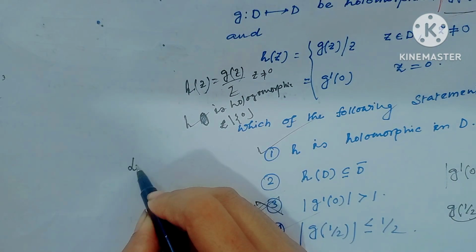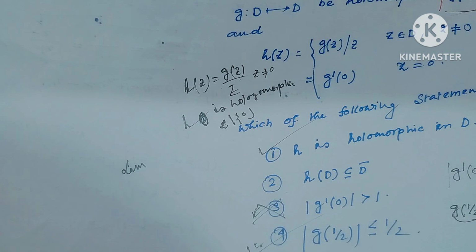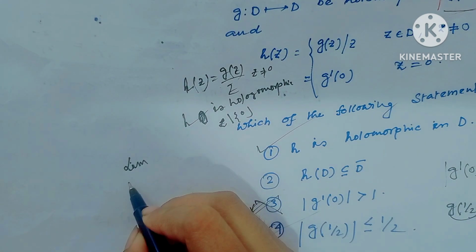At first we have to find whether the function is continuous at z equal to 0.